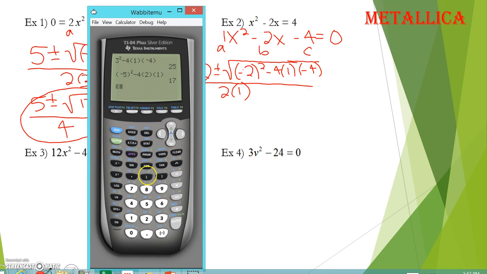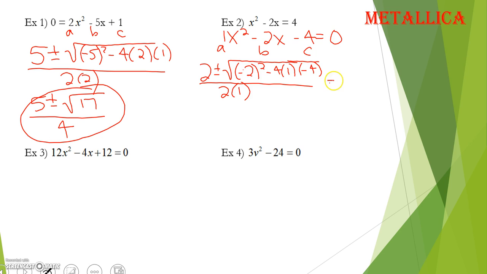I put in -2 squared minus 4AC. And I get 20. So I have 2 plus or minus the square root of 20 over 2.